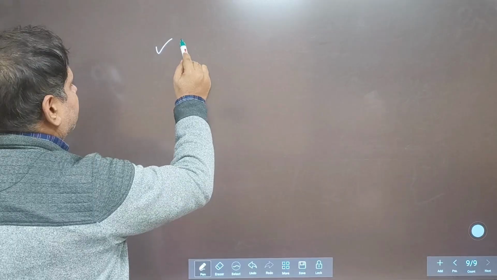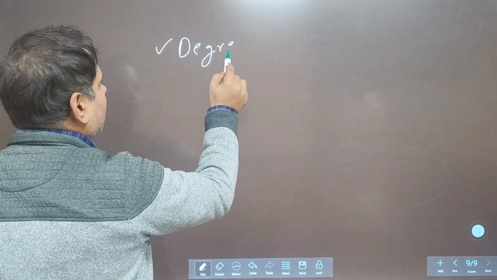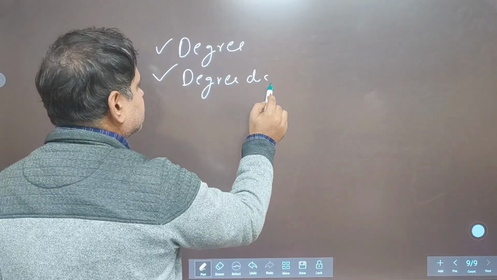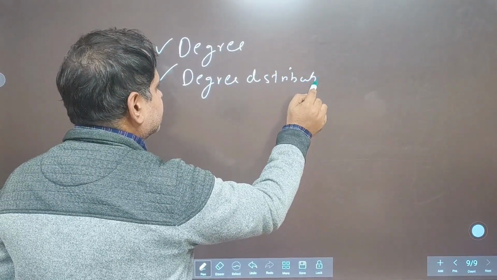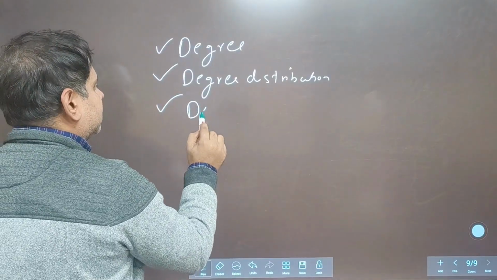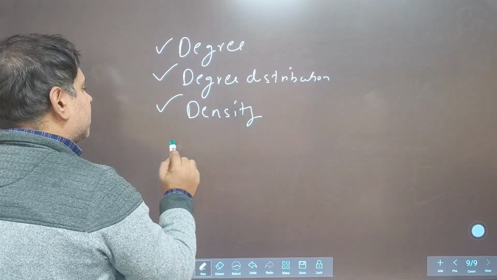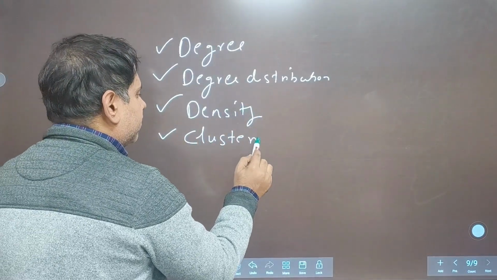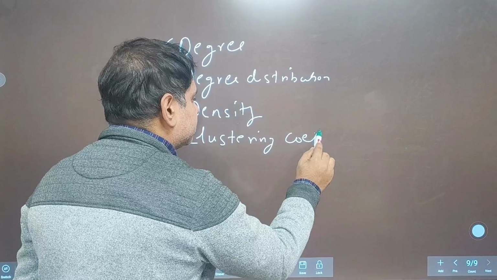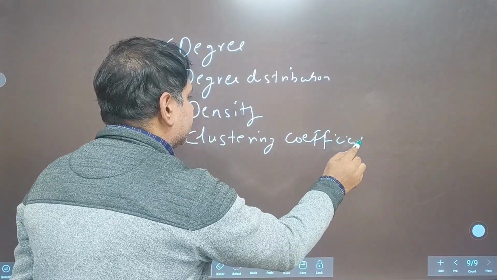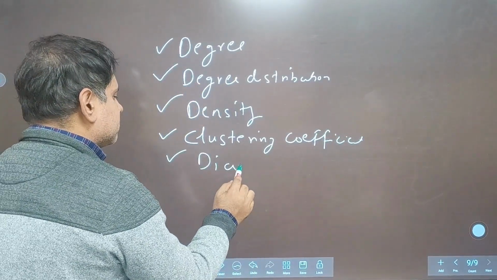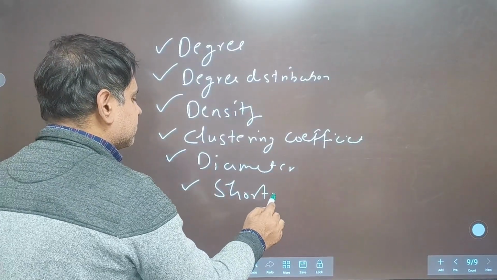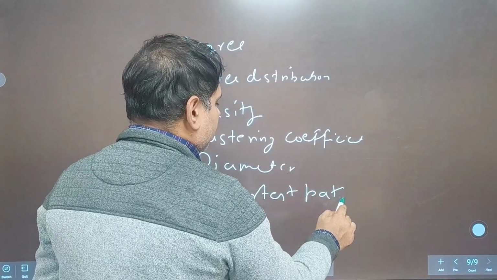In network properties, one is degree distributions, then we discussed the density of the graph, then the clustering coefficients, then the diameters, and then the shortest path, right?